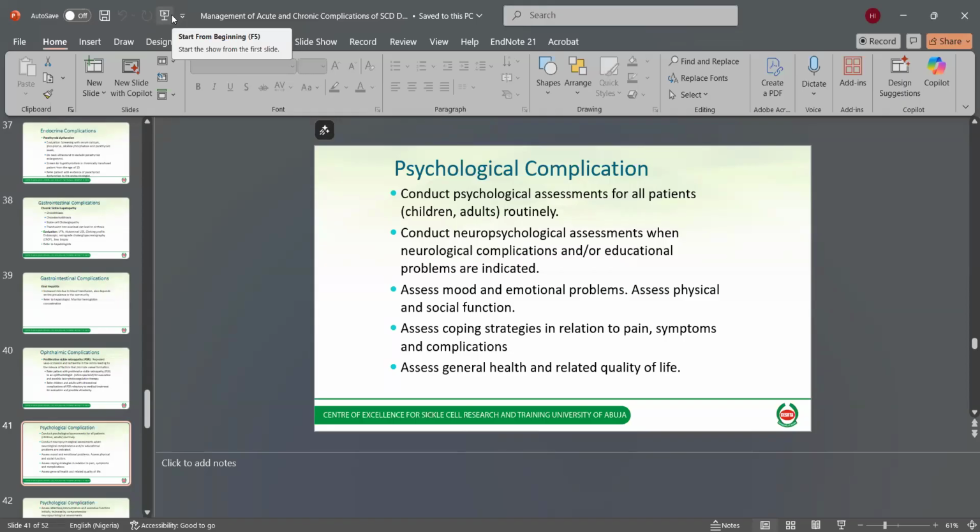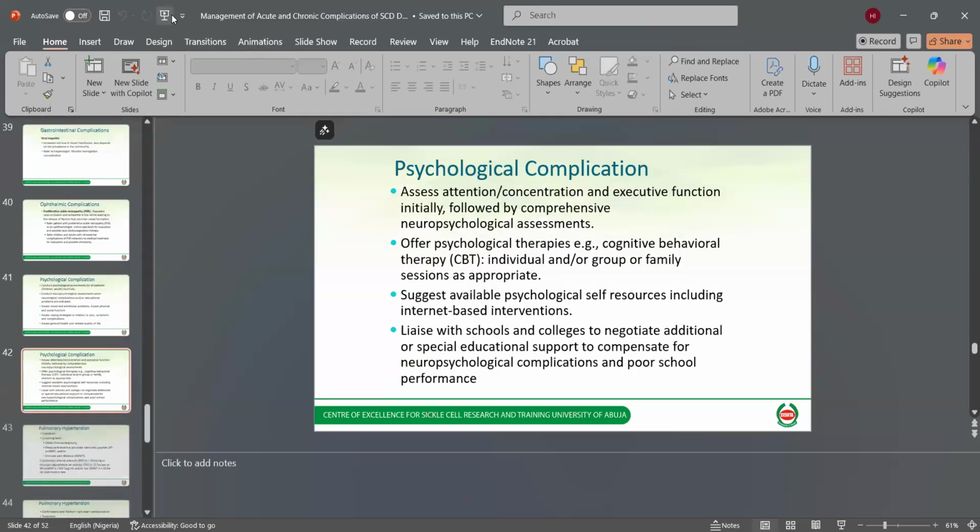There are actually tools for this assessment. So once in a while, maybe on a quarterly or annual basis, we use these tools to assess the psychological state of the patient.